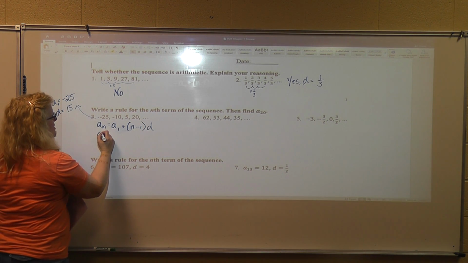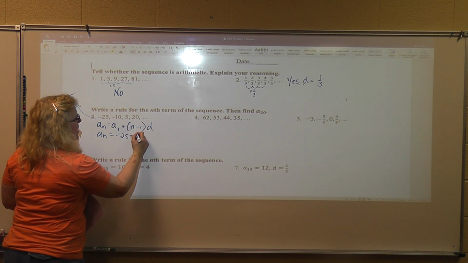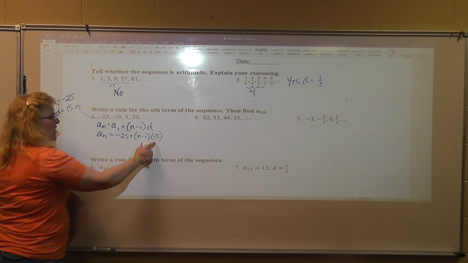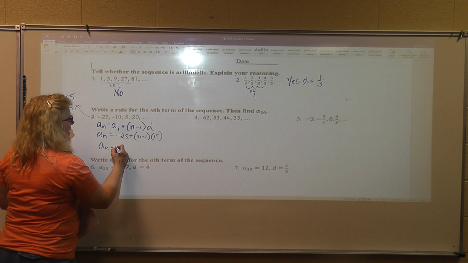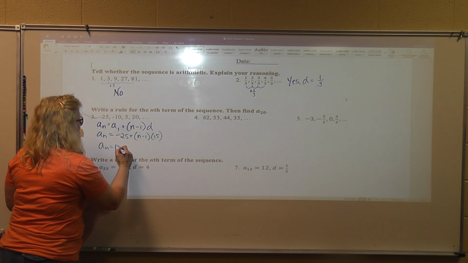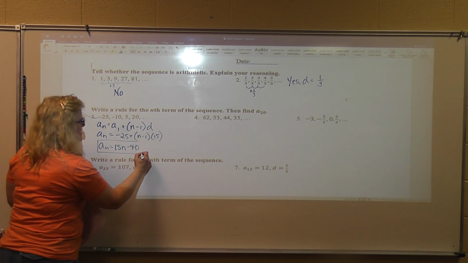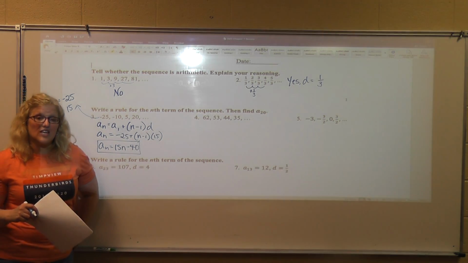So if I plug those in, I have a sub n equals negative 25 plus n minus 1 times 15. Now if I distribute and combine like terms, I end up with 15n minus 40. So that is the rule for this sequence.